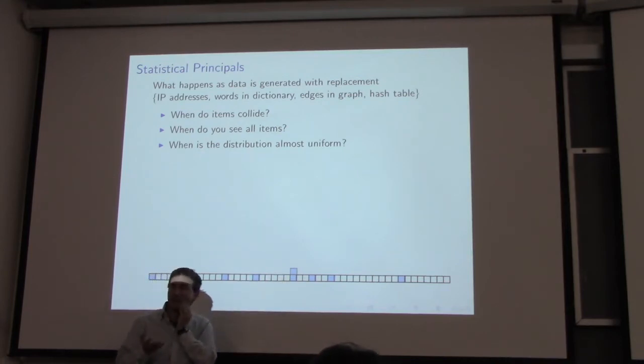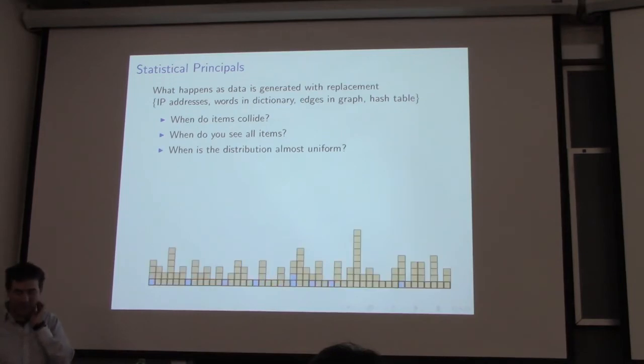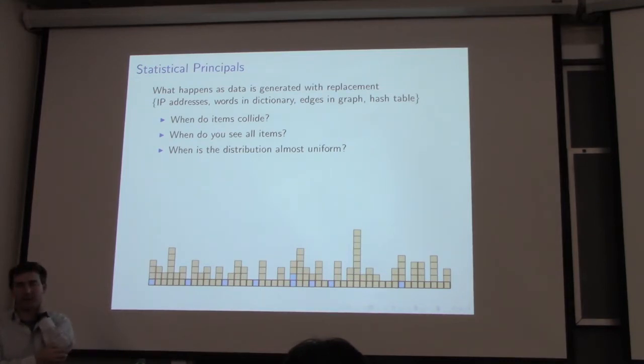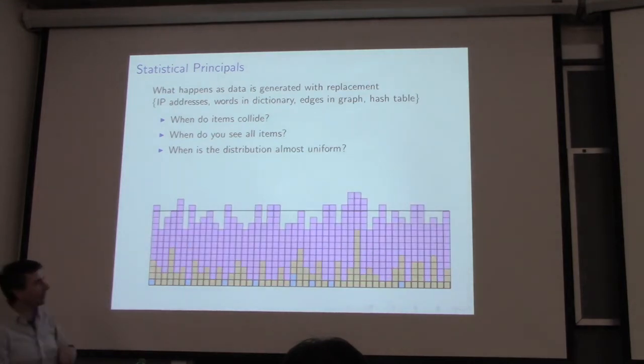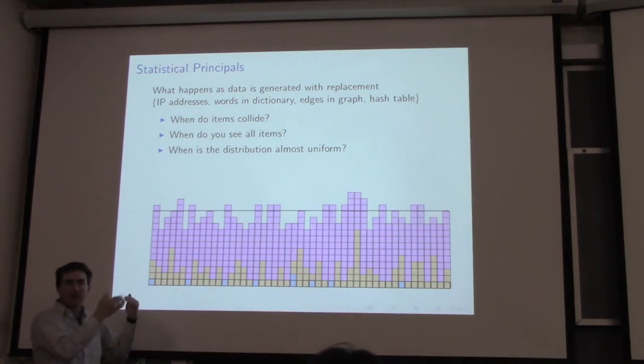This will happen maybe earlier than you think, unless you've seen this sort of stuff before. When's the first time that I've seen every single object? About how many times do you think this happens? And then if I keep doing this, when are they all about the same, on some notion of about the same?